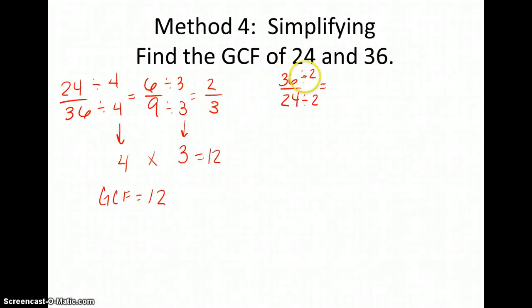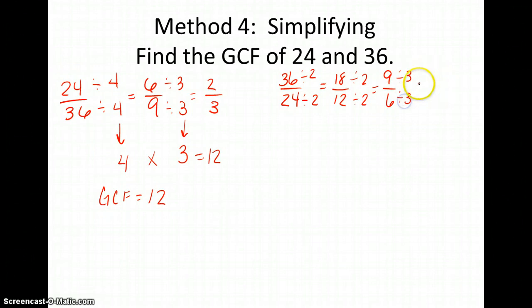36 divided by 2 is 18. 24 divided by 2 is 12. Both of these have a common factor of 2. 18 divided by 2 is 9. 12 divided by 2 is 6. And 3 is a common factor of 9 and 6. So I simplify once again.